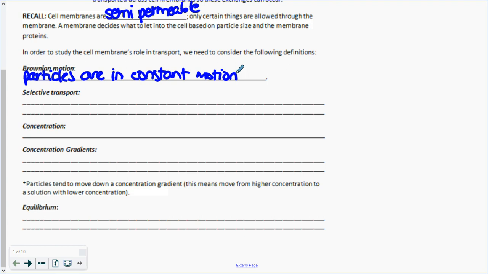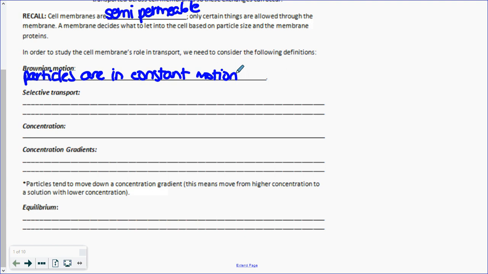They don't have the ability to move a lot. Particles within a liquid have a lot more space between them, so they're kind of swirling around and they interact with each other. And then particles within a gas have significantly more movement and they'll bounce off each other as they move around. But particles are in constant motion. Even within a solid, those particles are in motion, vibrating against each other.